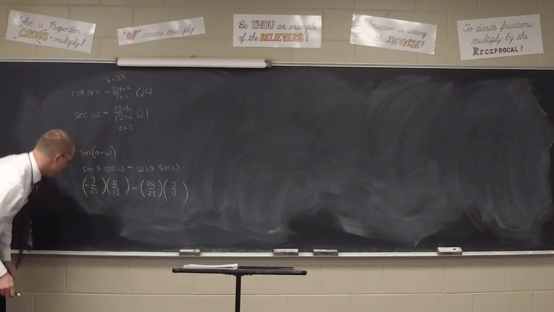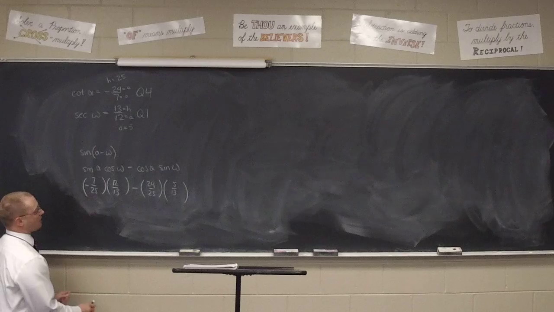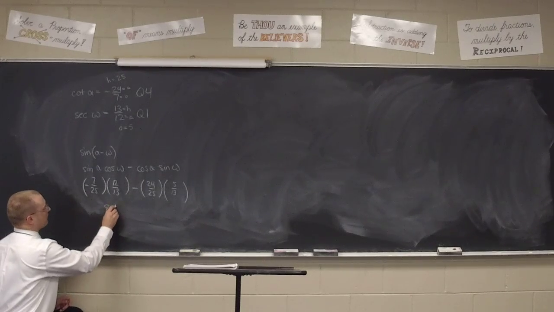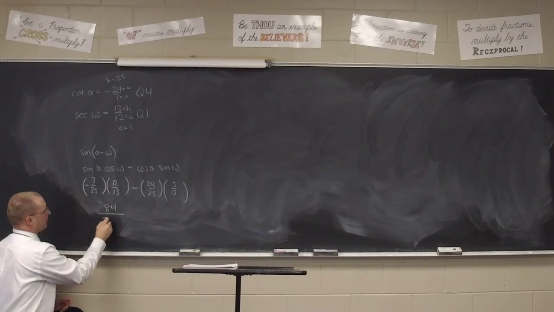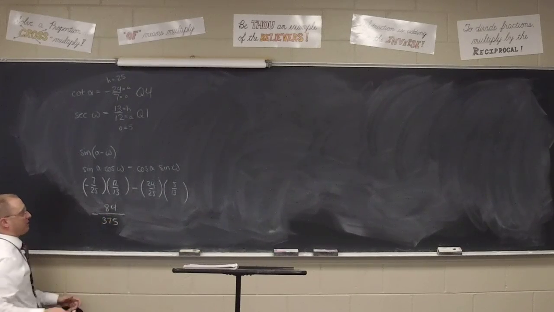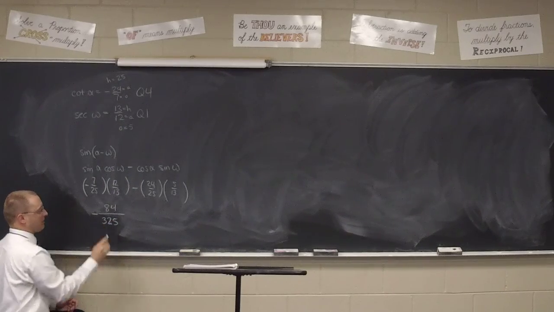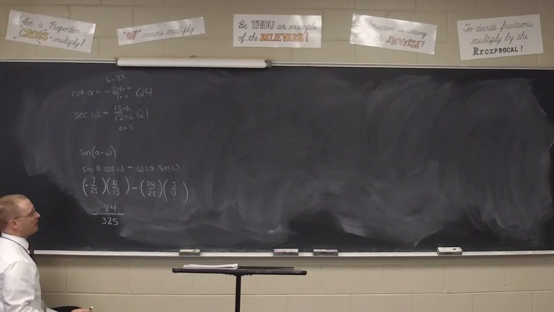So we multiply. Negative 7 25ths times 12 13ths. You could do this on your calculator: negative 84 over 325. Then negative 24 25ths times 5 13ths, which is negative 120 over 325.